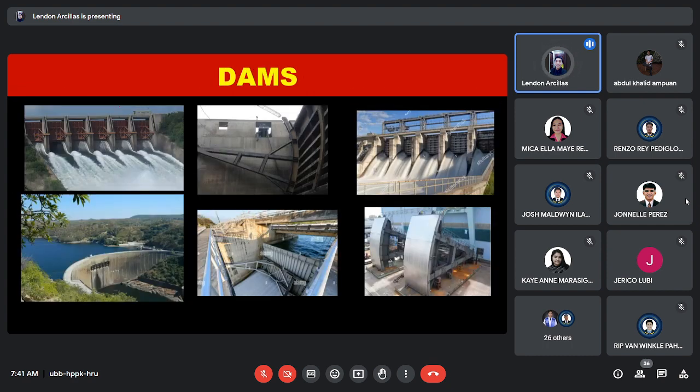Okay. So let's see kung ano yung mga application natin sa sinosolve natin. Ito yung sa real life setting kung bakit tayo nagsosolve ng hydrostatic force on dams, and sa mga iba't ibang klaseng shapes ng ating gates sa dams.